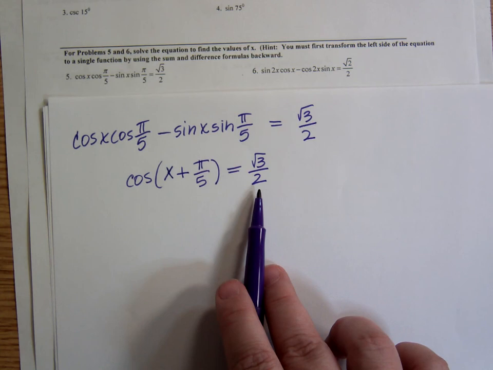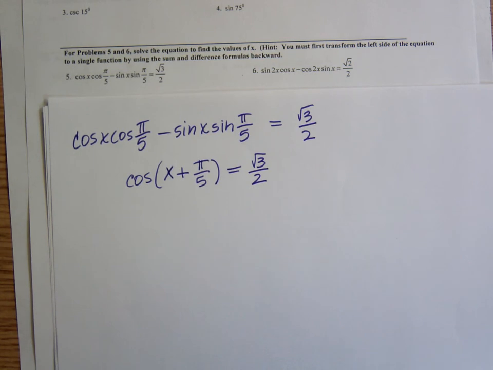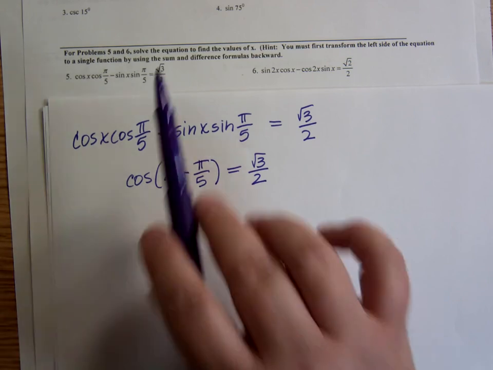Okay, well, let's think about where on the unit circle we get root 3 over 2. We get root 3 over 2 at positive pi over 6. We also get root 3 over 2 at 11 pi over 6. So those are my values on the unit circle between 0 and 2 pi. It didn't actually specify that though.